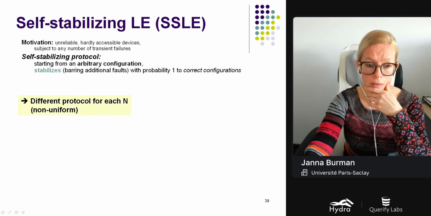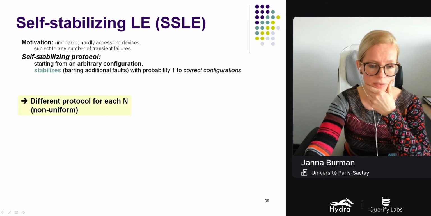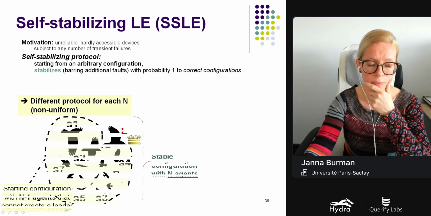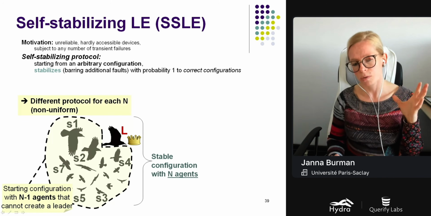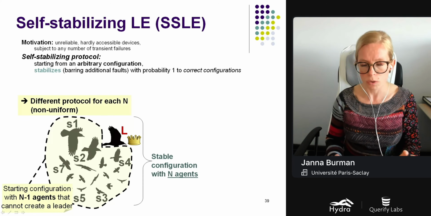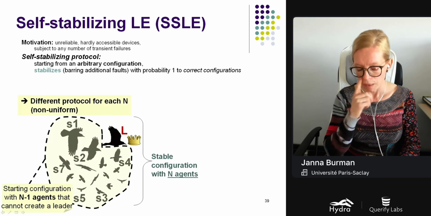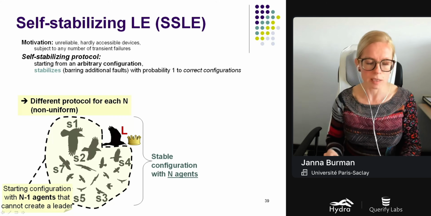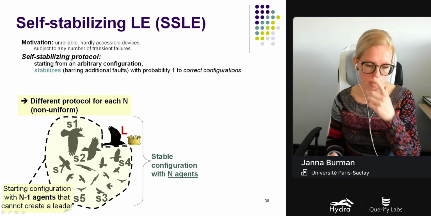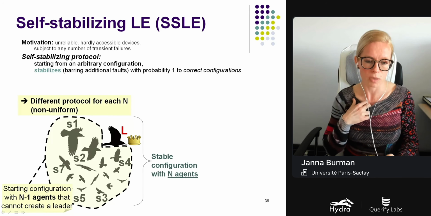But before that, unfortunately, there is another negative result for self-stabilizing leader election, which shows that we have to assume the protocol should be so-called non-uniform. The agents have to know the size of the population. Why is that? Consider a stable configuration with n agents.